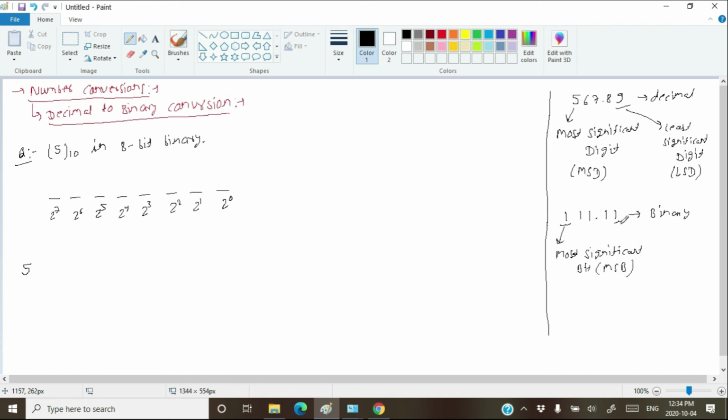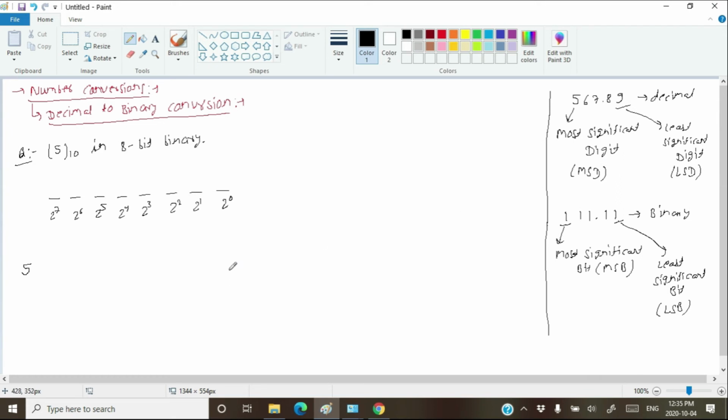And if you change this bit, you will be changing your number by the least amount. That's why this is called the least significant bit, that is LSB. So when you talk about binary, you say most significant bit and least significant bit, and when you talk about decimal, you say most significant digit and least significant digit.